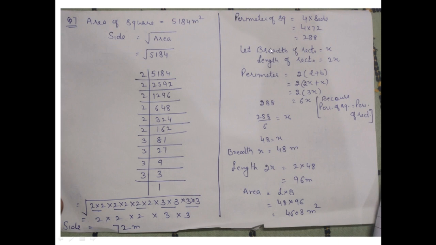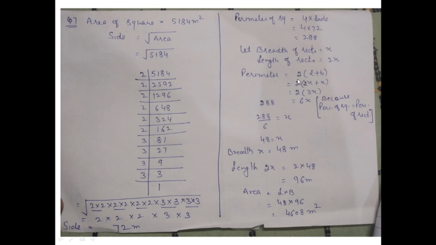In this question, they have told that the length of the rectangle is double the breadth of the rectangle. So now let us suppose the breadth of the rectangle is x. That means the length of the rectangle is double of the breadth. Means multiply this by 2. You will get 2x. Now find the perimeter of the rectangle.